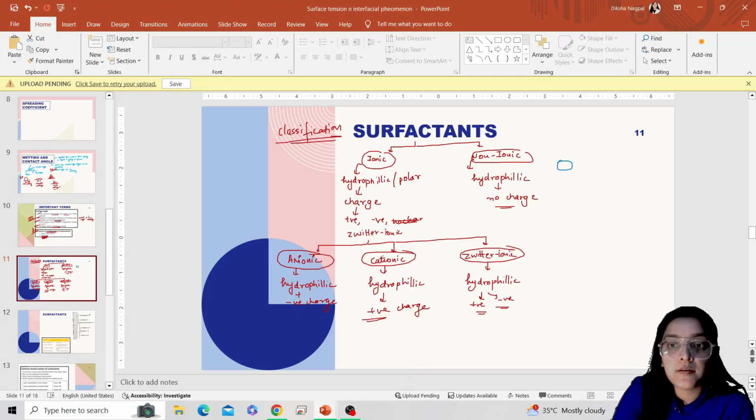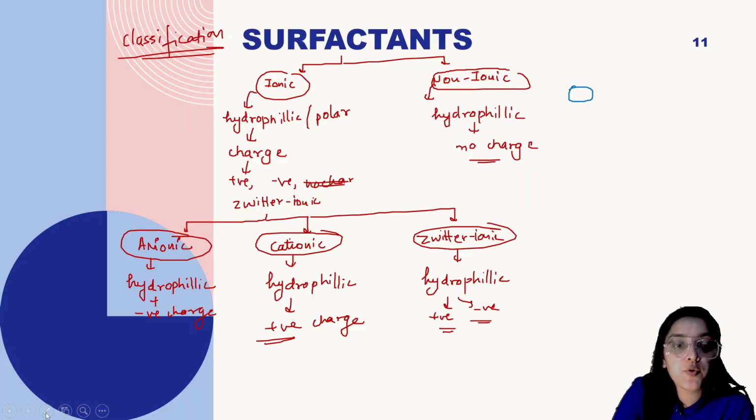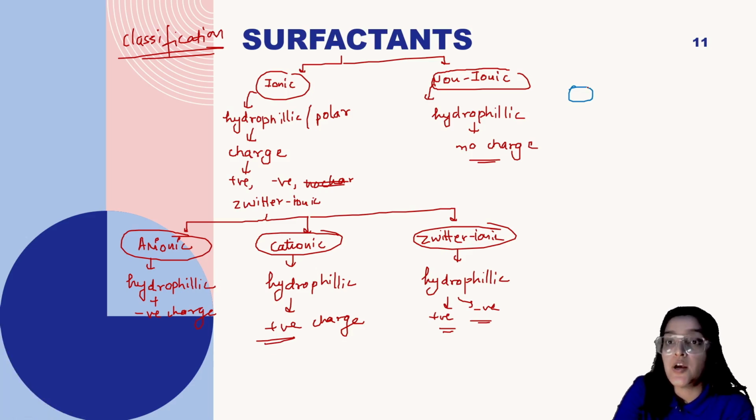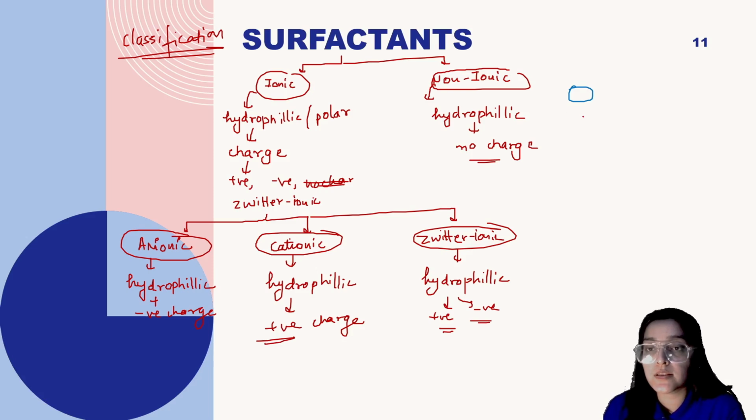Now I am going to show how these are actually represented. So here, suppose this is the polar head part, this is the non-polar tail part. Okay students, as you can see there is no charge that I have mentioned. So this comes into the category of non-ionic surfactants.